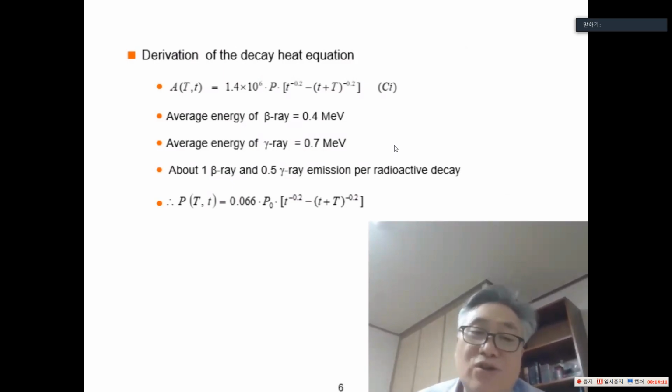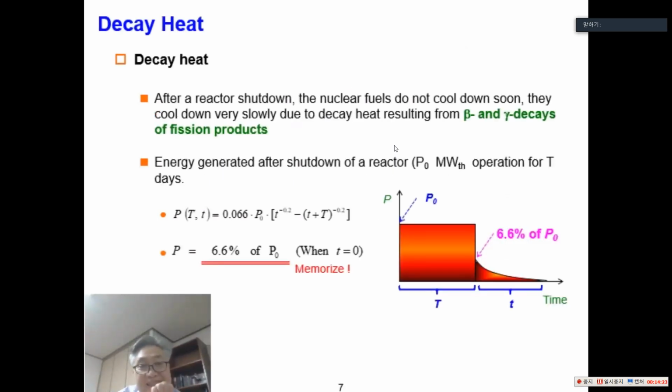So just after the nuclear shutdown, the nuclear reactor emits about 6.6% of its original power. Now, this is it. In the equation, when we substitute 0 for small t, it shows even after we shut down the nuclear reactor, the reactor emits heat about 6.6%.